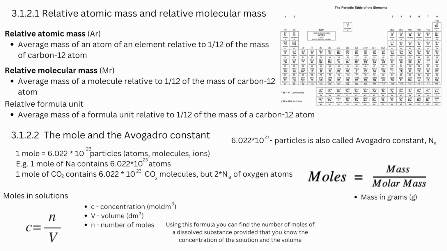When something is dissolved in a solution, you can use the formula at the bottom of the screen to find the number of moles dissolved. c equals n divided by V, where c is the concentration of the solution, n is the number of moles, and V is the volume. Be careful with units here. Concentration has units moles per decimeter cubed, and volume is measured in decimeter cubed. You can use this formula to find the number of moles dissolved in a solution, provided you know the concentration of said solution and its volume.